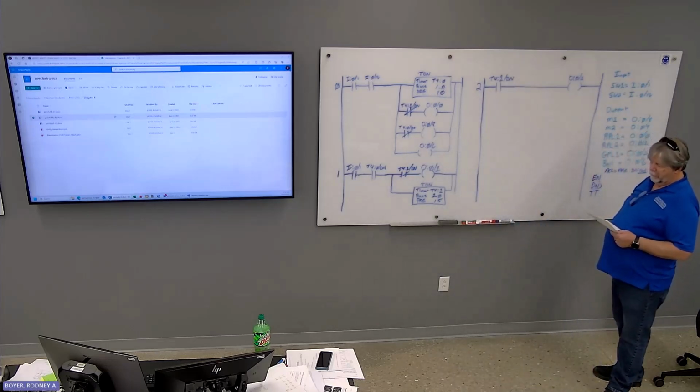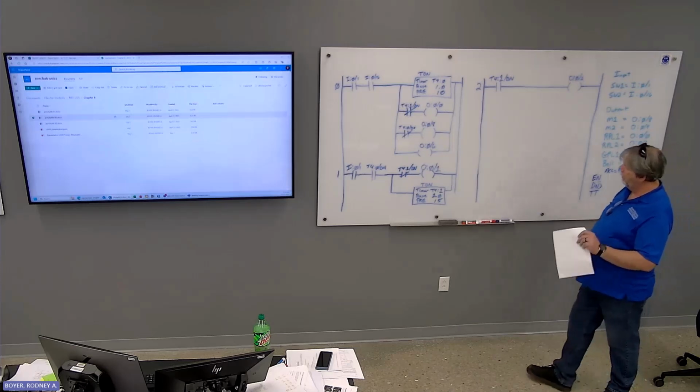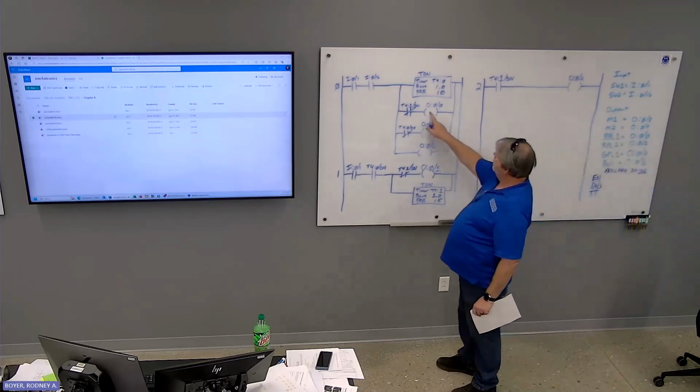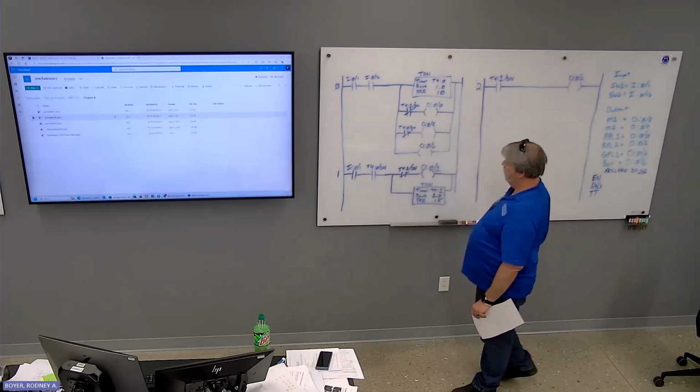Okay? So 15 seconds after process step 2 has been carried out, red 1, red 2 off, green 1 on. So red 1, red 2 off, green 1 on.